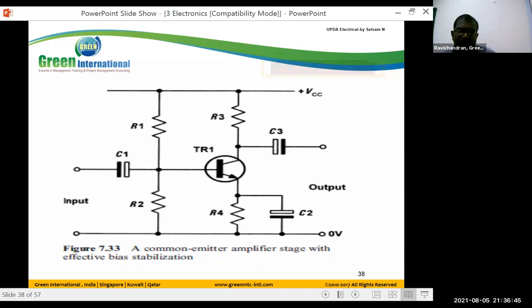Here we are giving an input signal, and here we get the output. This voltage we call the biasing voltage.